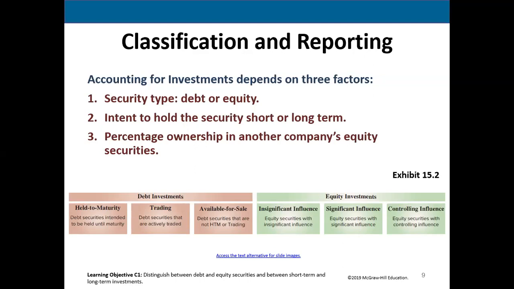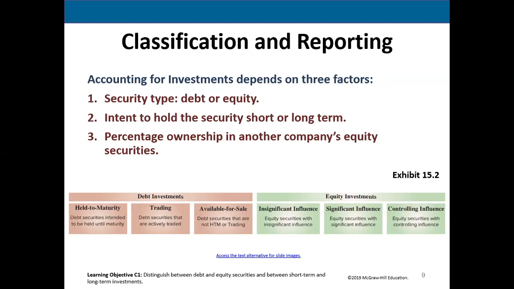Now, let's just talk really quick, just introduce you to the equity investment categories. We have what's called insignificant influence category. Now, percentage-wise, that's usually when the investor owns less than 20% of the stock of the corporation.